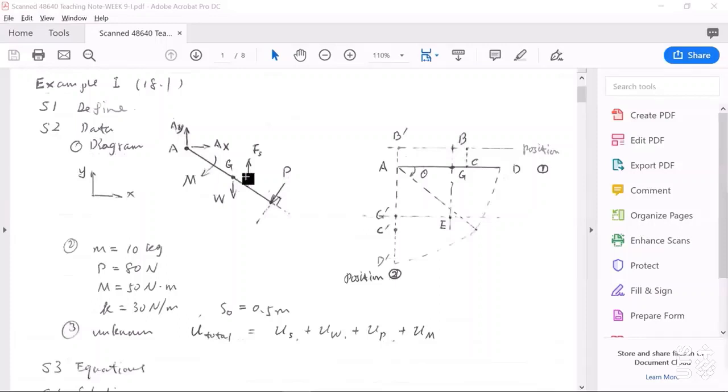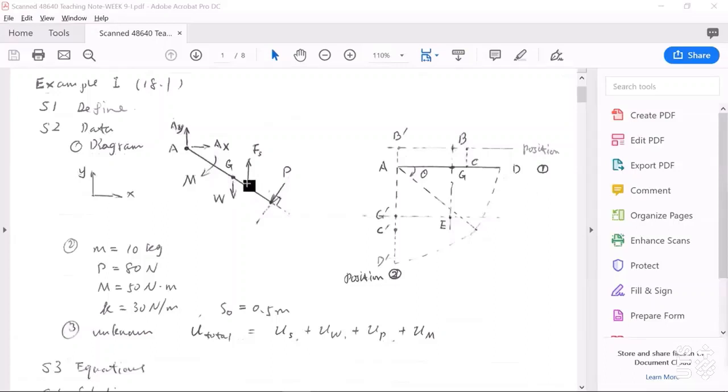In this free body diagram, at the fixed axis point A, we have reaction forces Ax, Ay. And here we have a couple moment M. At the mass center point G, this is the middle point of this bar, we have a weight force W, it's downward.